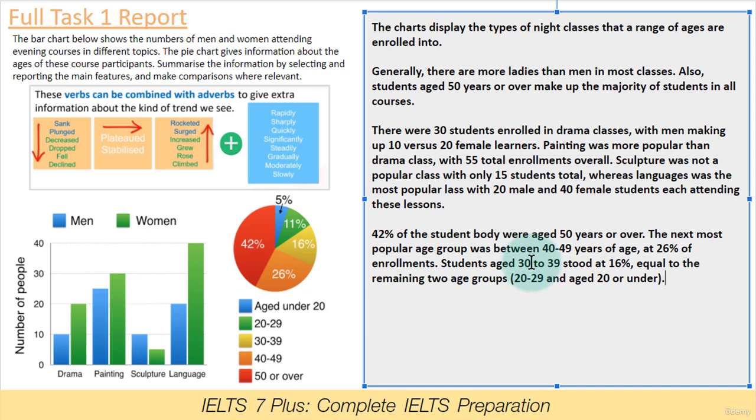Students aged 30 to 39 stood at 16%, and a nice comparison between some of the data, equal to the remaining two age groups, 20 to 29 and age 20 or under. Okay, I like that. I think that's pretty strong. Let me check my word count. It does look maybe just a little short, but I think I've still made the 150 here.